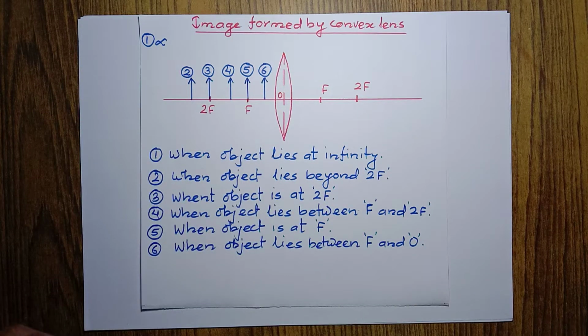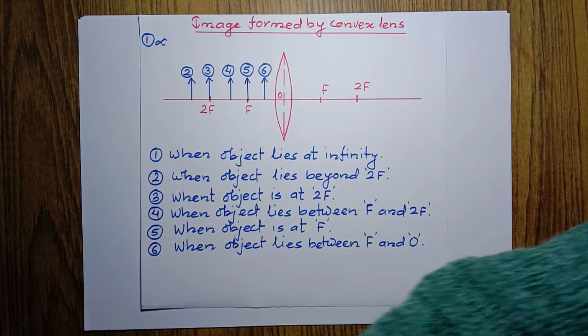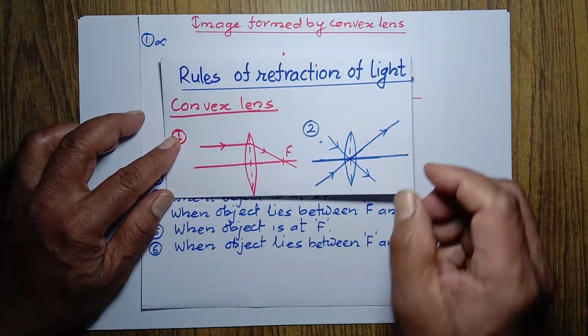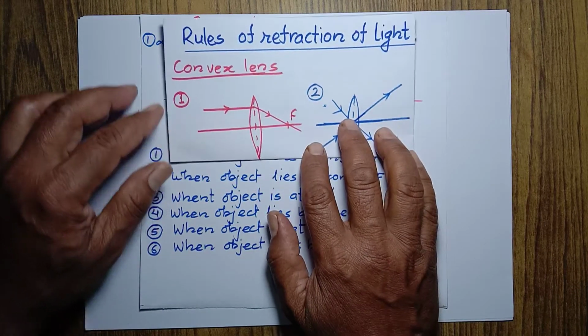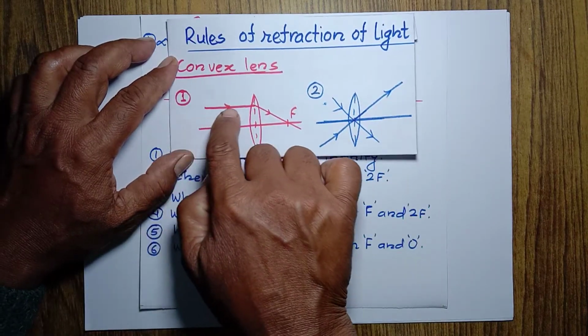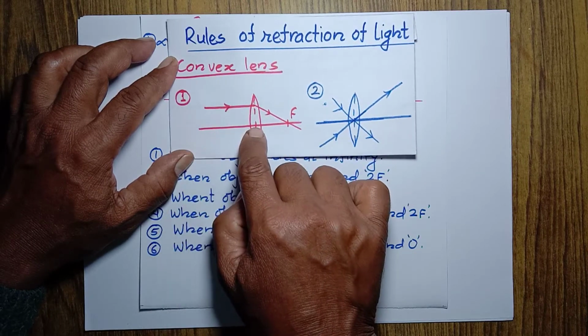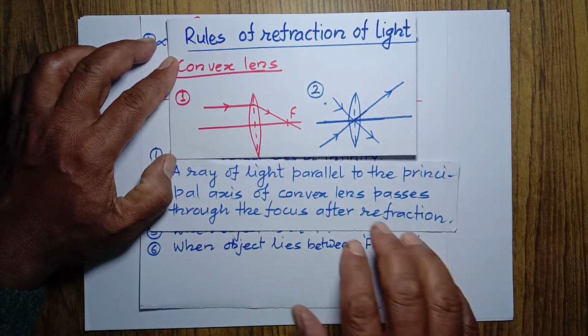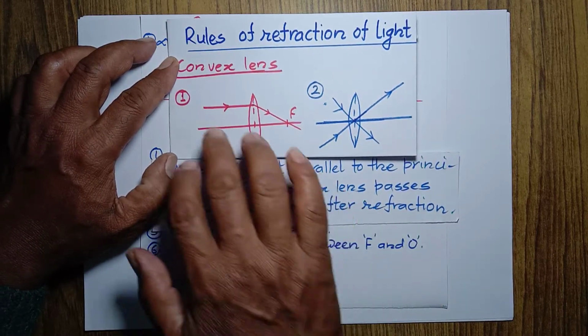Now we are going to draw all these images with the help of a few rules. I told you these rules in the previous class also. We are using 2 rules. Look at this. The first rule says that when a ray of light comes parallel to the principal axis of a convex lens, it passes through the focus.